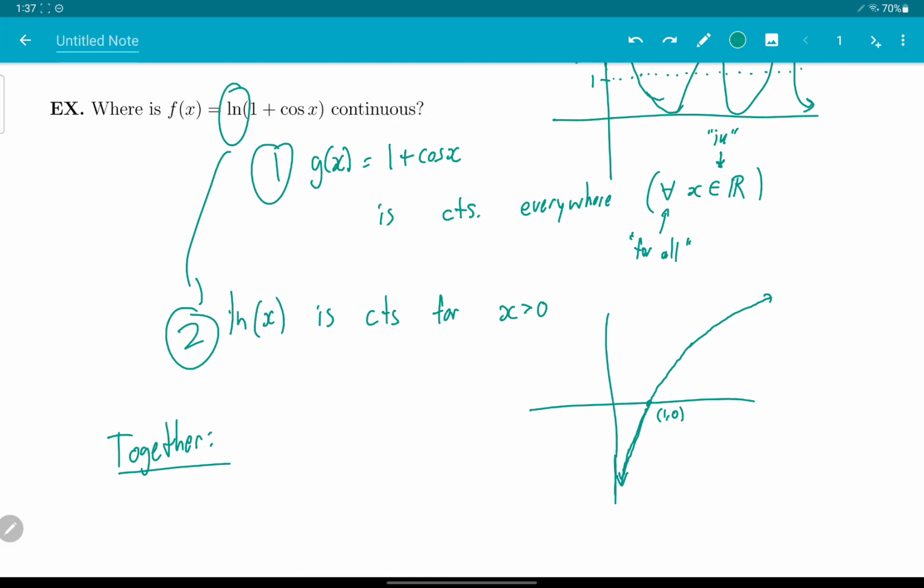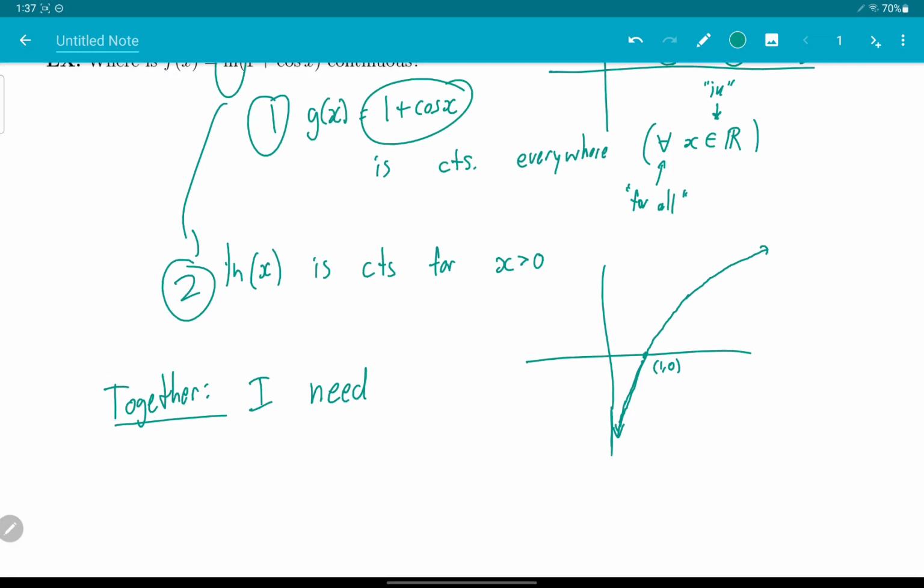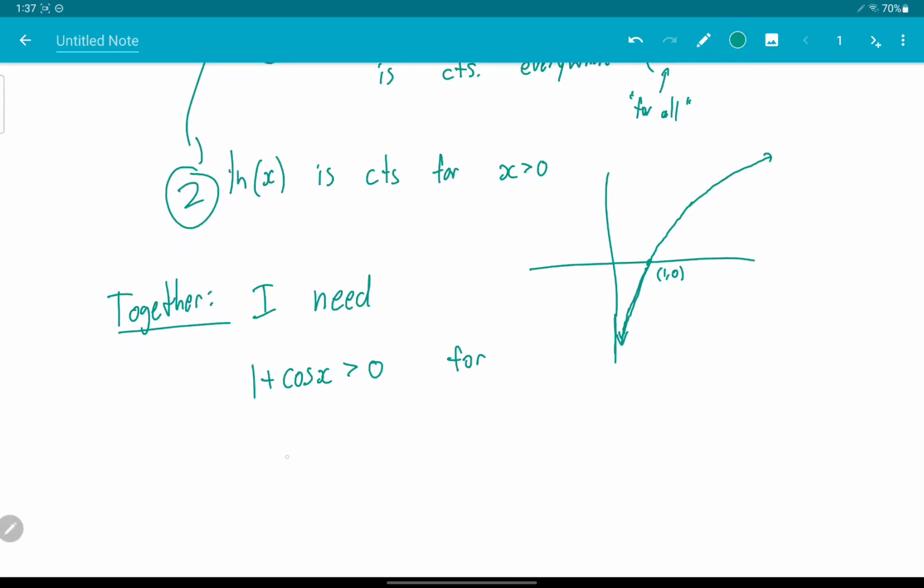So putting these two, 1 and 2, together, I see I basically need 1 plus cos x to be bigger than 0 for the composite function f to be continuous.